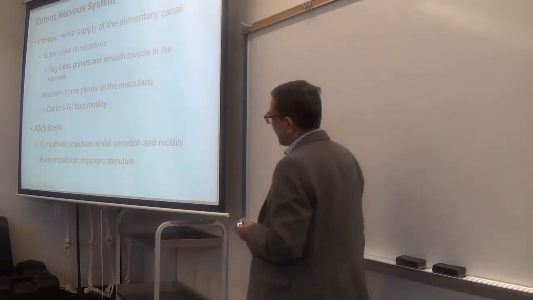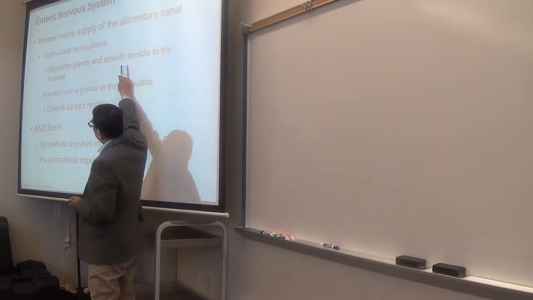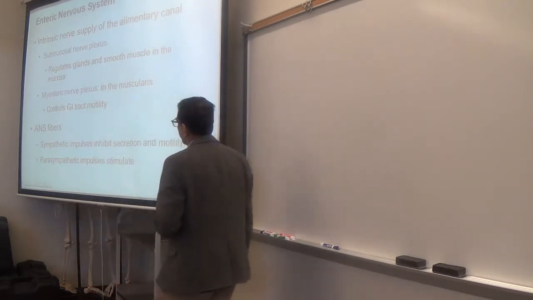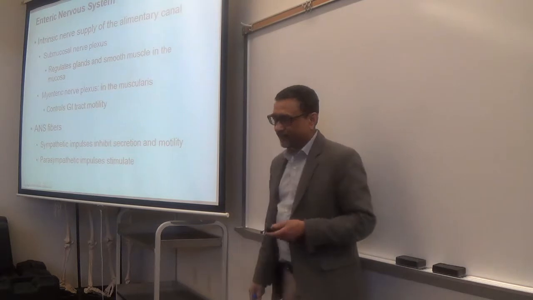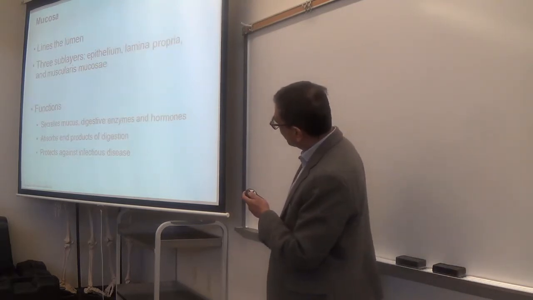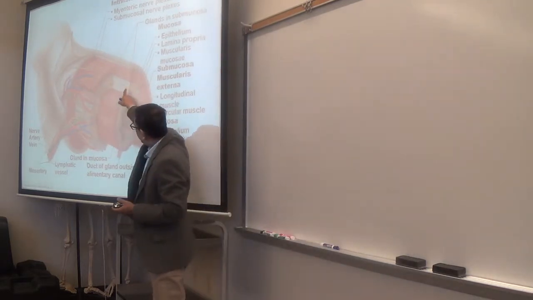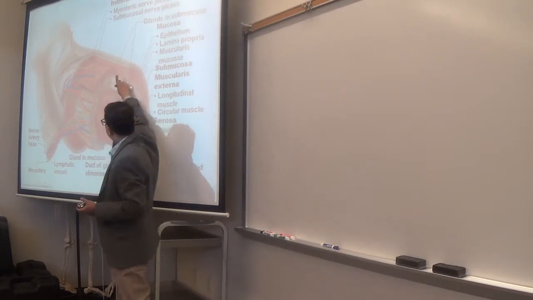Submucosal nerve plexus helps in the secretion from the glands. Which one does? Submucosa. Because look at this picture. This is submucosa and you have glands here. See the glands in submucosa?